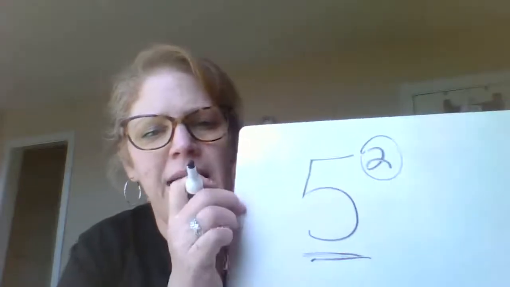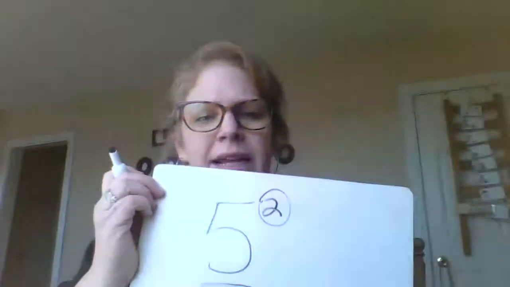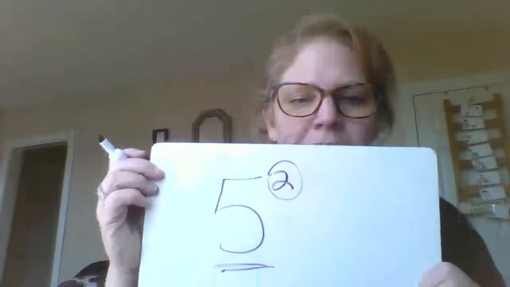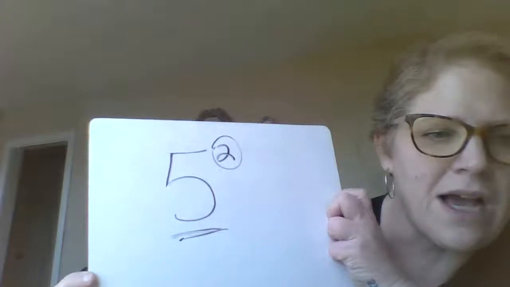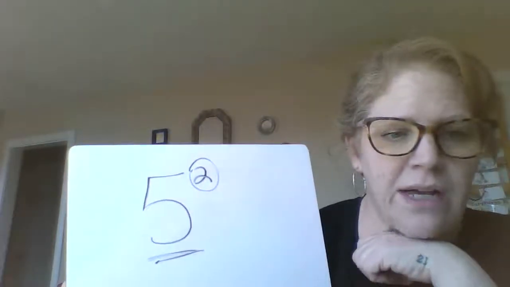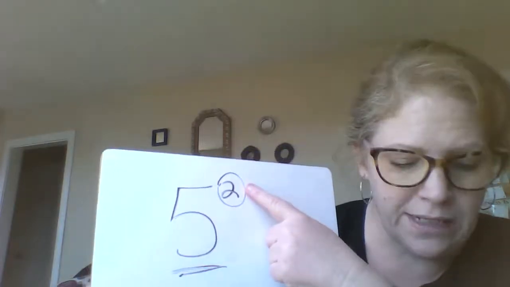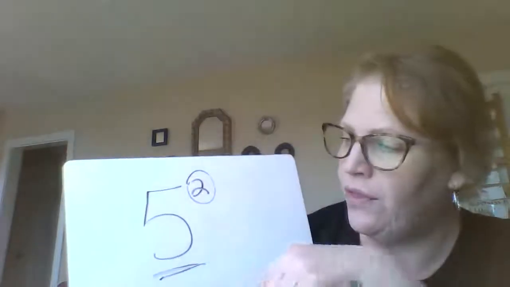So 5 is the base and 2 is the exponent. The whole thing together is called a power, okay? So when we talk about powers and exponents, that's what we're talking about. 5 is the base, 2 is the exponent, and the whole thing is the power.